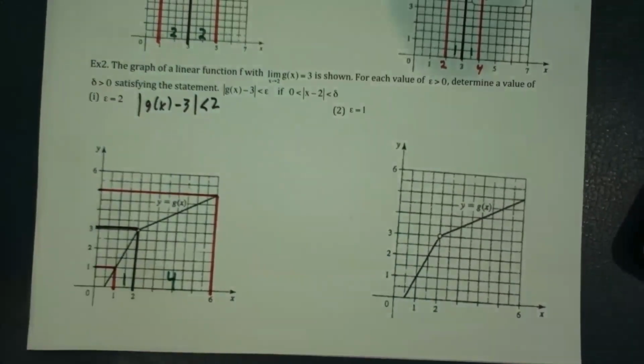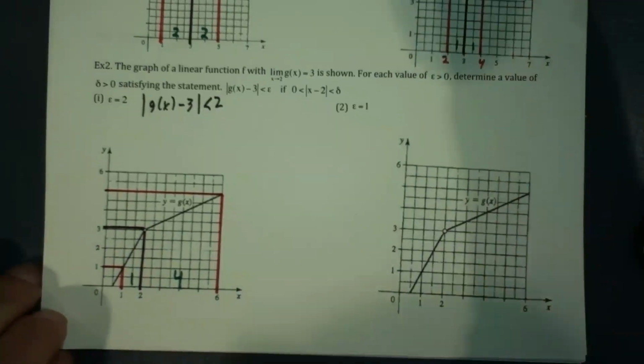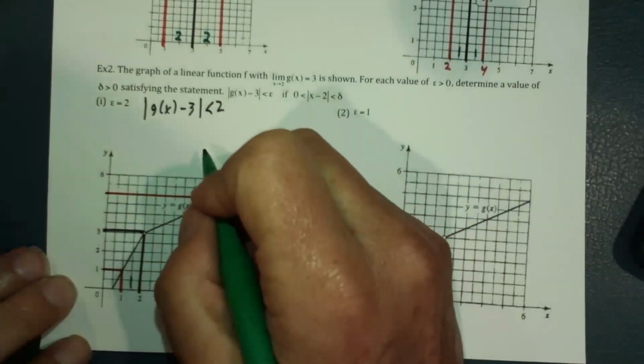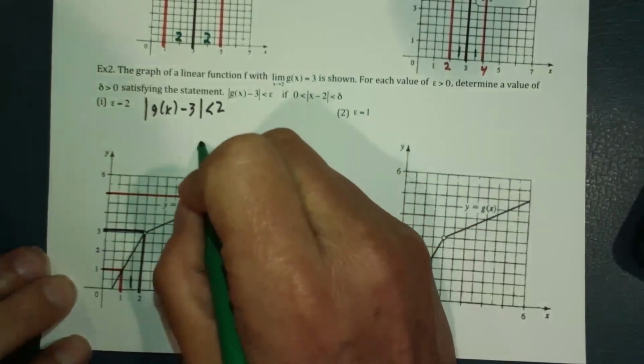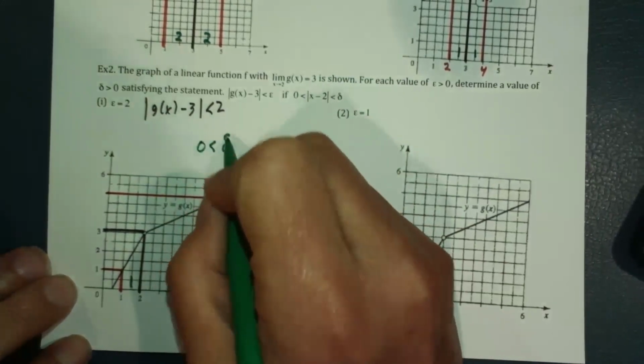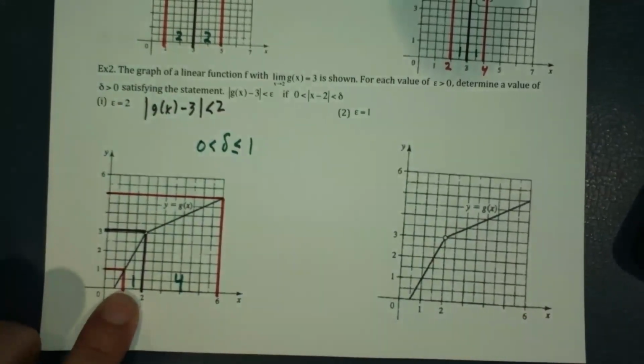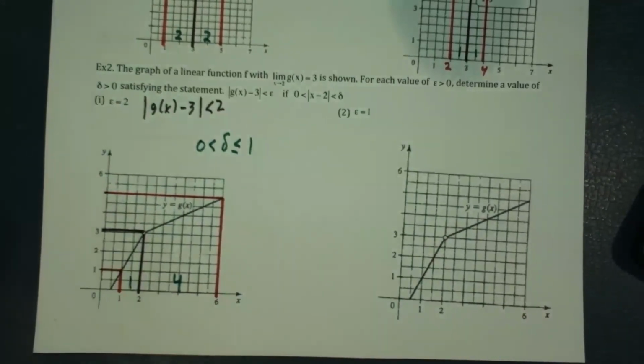Well, that means what we're going to have to do is get the smaller of the 2. It's just the way it's going to have to work out. So this is my delta. So my answer in this case is going to be the 1 here. All right, we're getting there.